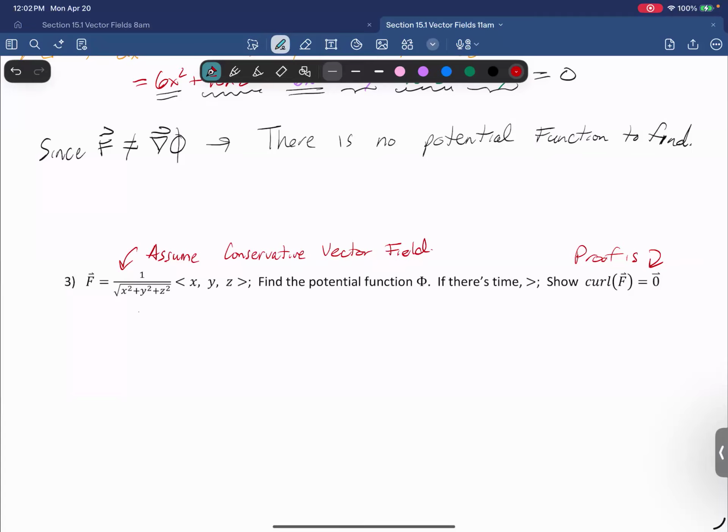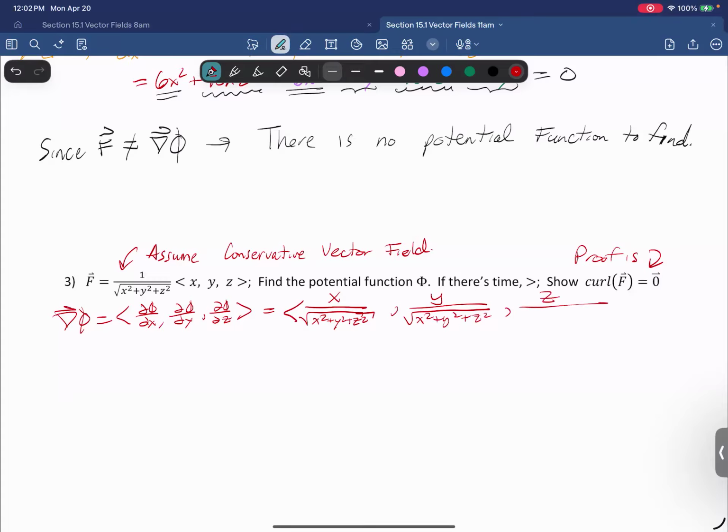But this should be the same thing as d phi dx, d phi dy, d phi dz. That's my gradient of phi. And that should equal my F, which is x over the square root of x squared plus y squared plus z squared, y over that, and z over that.